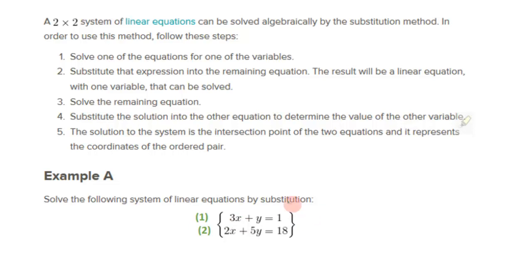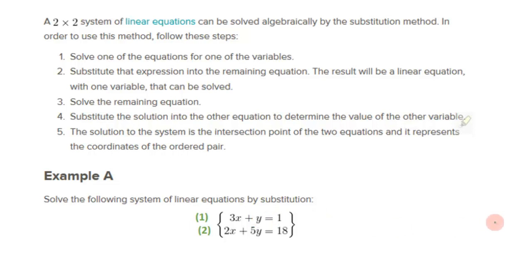Can you see it? It's variable y, right? It's all by itself. The x has a 3 in front of it, so it's not by itself. And this x in the second equation has a coefficient of 2. And this y has a coefficient of 5. So these are not alone, right? But this first equation has the y by itself. So that's the equation that we are going to use first.